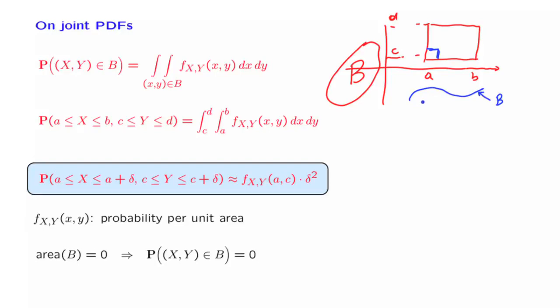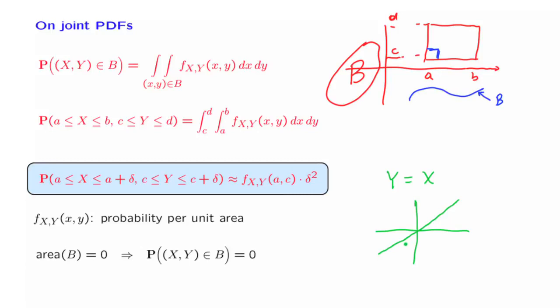Now let's think of a particular situation. Suppose that x is a continuous random variable, and let y be another random variable which is identically equal to x. Since x is a continuous random variable, y is also a continuous random variable. However, in this situation, we are certain that the outcome of the experiment is going to fall on the line where x equals y.